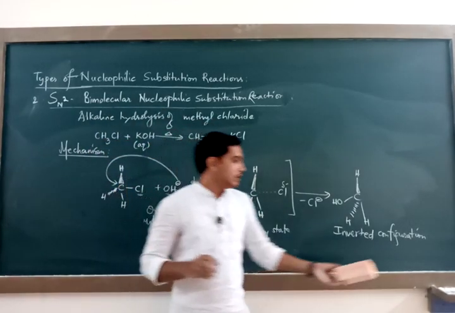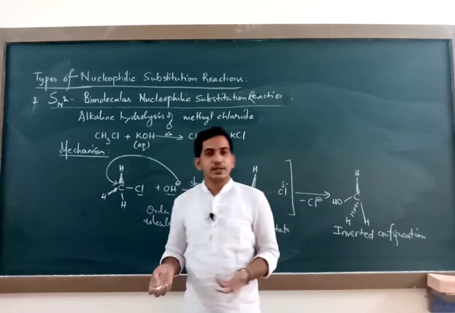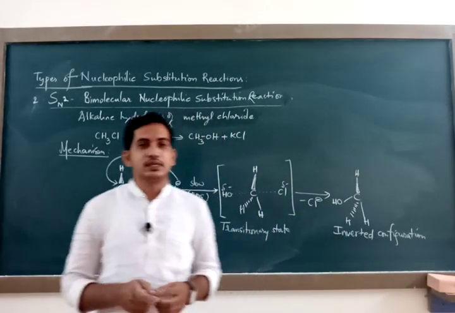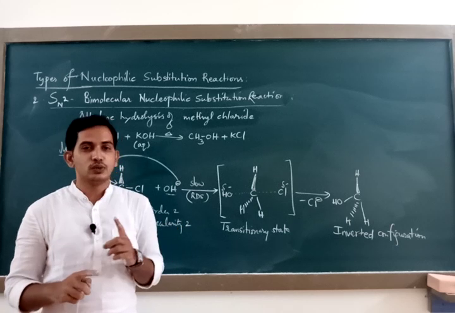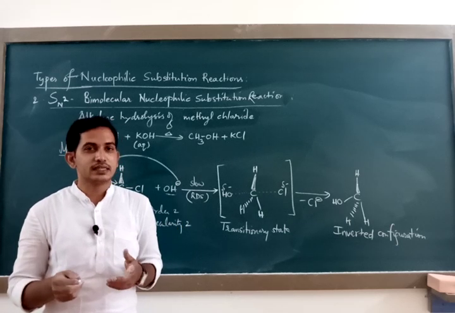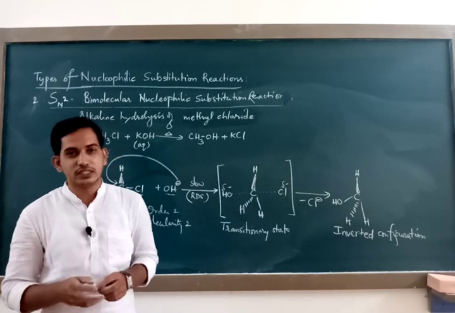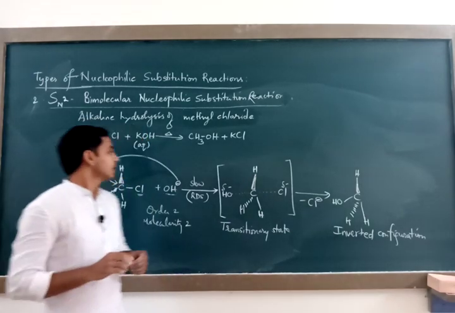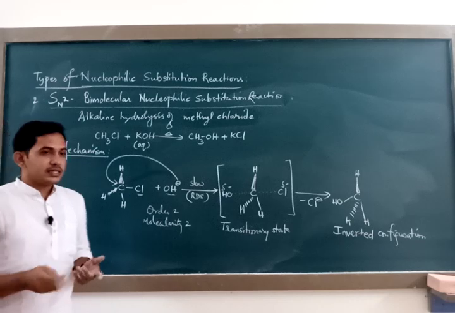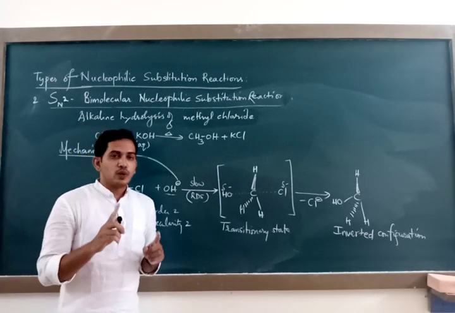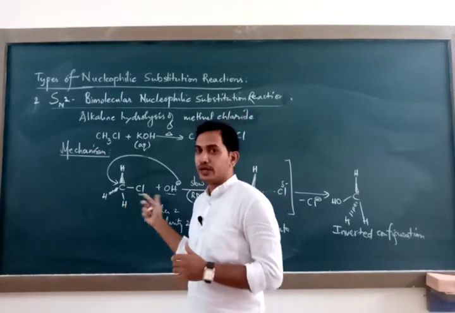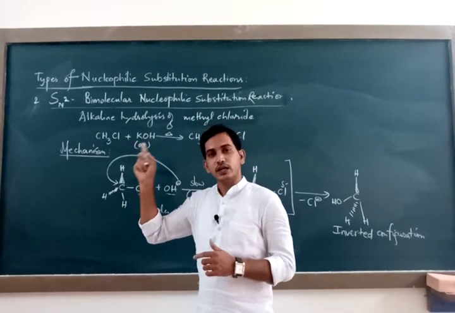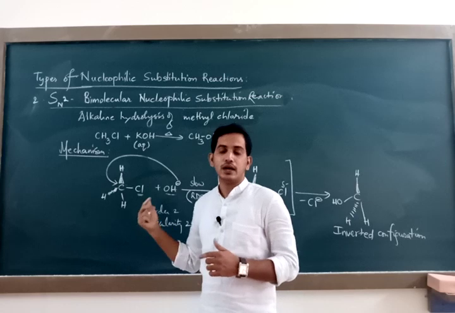Now let us see 2 or 3 striking differences. In SN1 reaction there were 2 steps, in SN2 reaction there is only 1 step. We call such reactions concerted reactions, those which take place in only 1 step. In SN1 reaction rate depends only on one reactant, in SN2 rate depends on molar concentration of 2 reactants. Their order and molecularity are 1, here order and molecularity are 2.